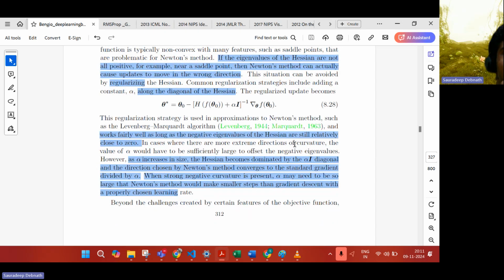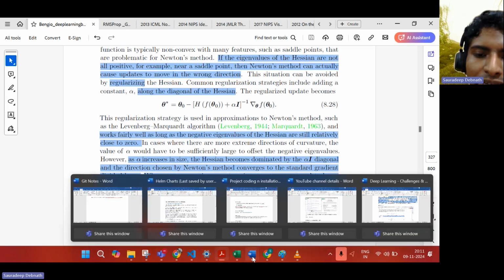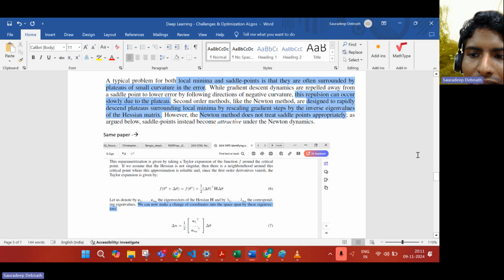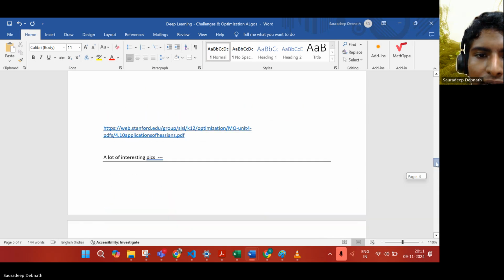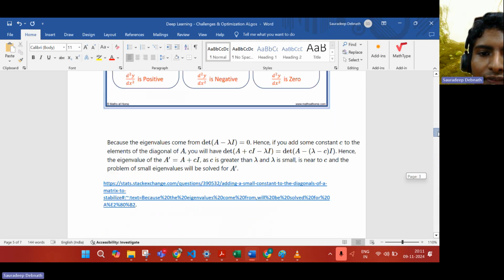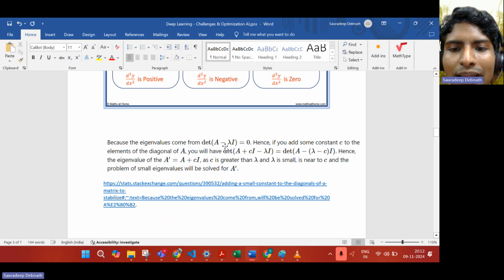I think I didn't explain why adding this I will make it more positive definite. This is just plain linear algebra, and comes from the definition of eigenvalues itself. How do we calculate eigenvalues? We're talking Ax equal to lambda x, so determinant of A minus lambda I equal to 0.